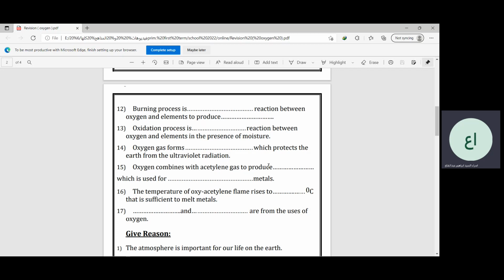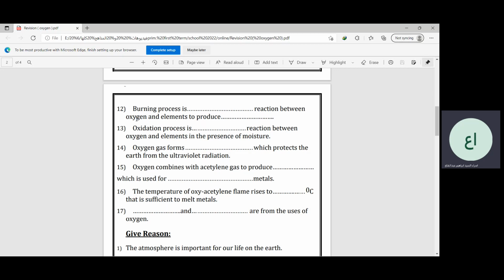طيب الأكسيديشن process بتكون slow، إنما بتكون burning or combustion process أو burning بتكون rapid combination between oxygen and element producing heat and light.